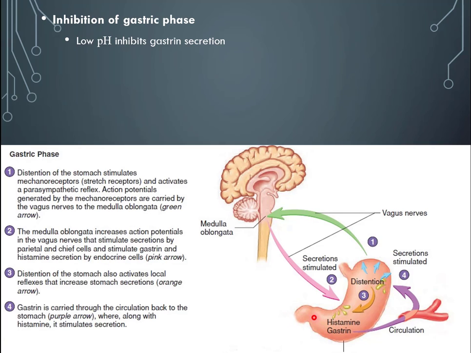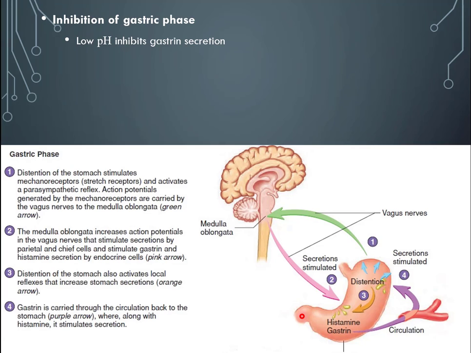The moment a little bit of chyme gets into the duodenum, an inhibitory loop is sent into the stomach, signaling the start of intestinal digestion, and the possible slowdown and end of stomach digestion.